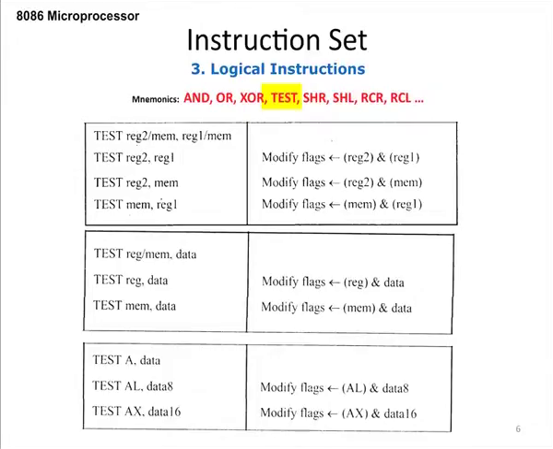Similarly, we have test register 2, memory, test memory, register 1, test register, data, test memory, data, test AL, 8-bit data, and test AX, 16-bit data. So these were the test instructions available in the 8086 microprocessor.